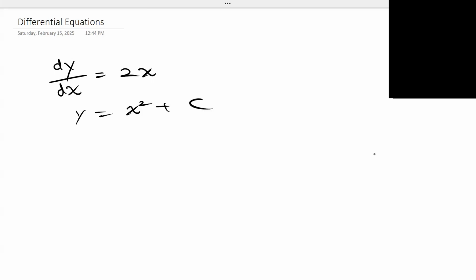I used f last time, we can use y this time. dy/dx equals 2x. And remember, the goal is to find y. Now remember, the solution for this last time was y equals x squared plus c.